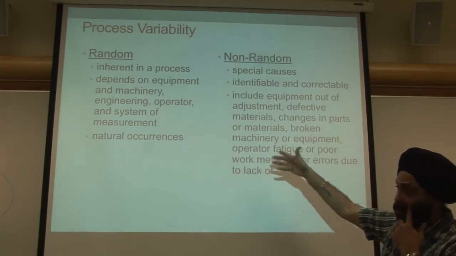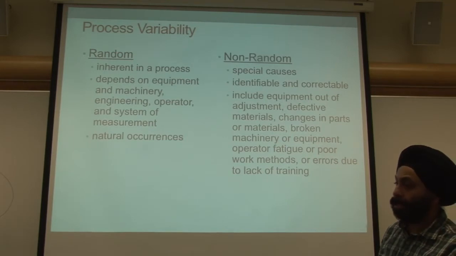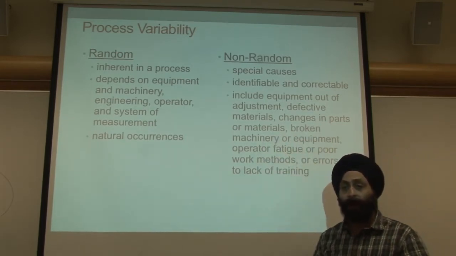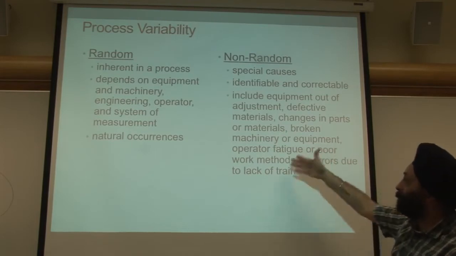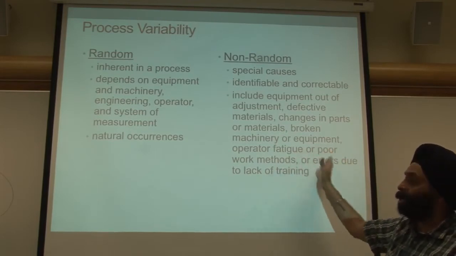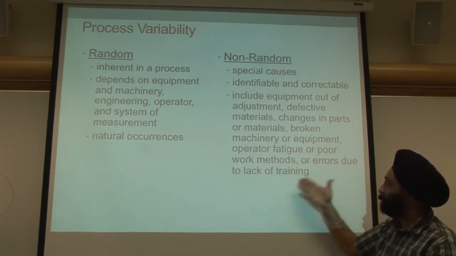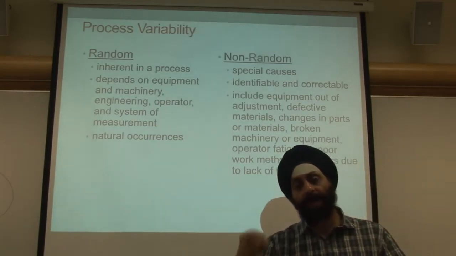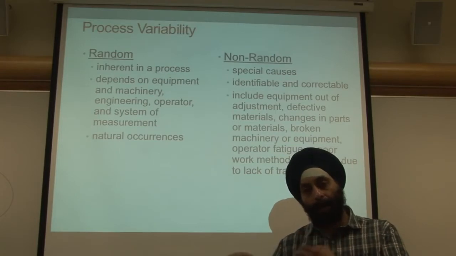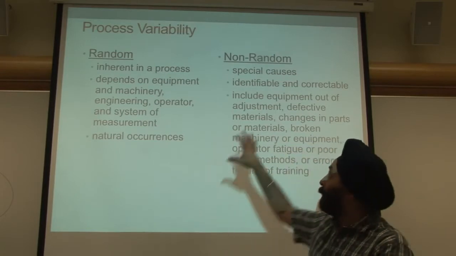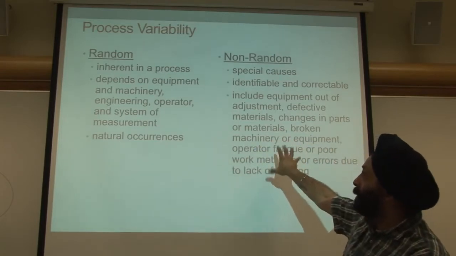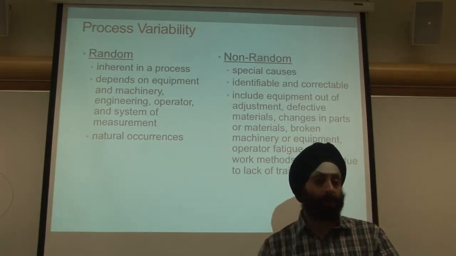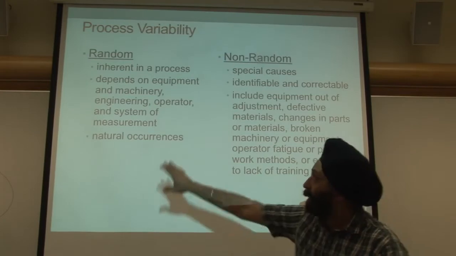Maybe the oil that I put in was not the right consistency, changes in parts of material that may have caused it, or broken machinery or equipment, operator fatigue or poor work methods, error due to lack of training. So these are very specific identifiable causes. That's why non-random sources of variability are also known as assignable causes or special causes, whereas random ones are called common causes.